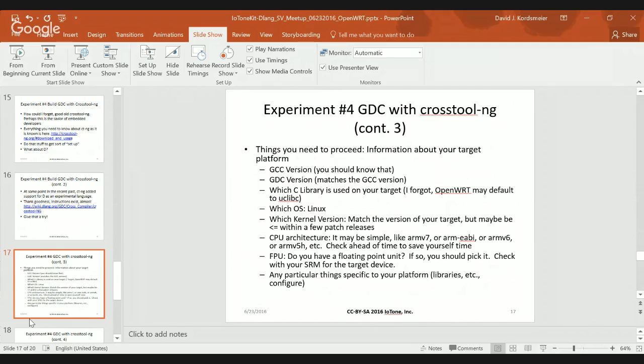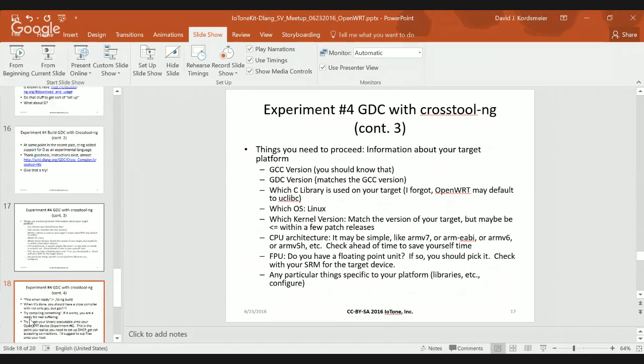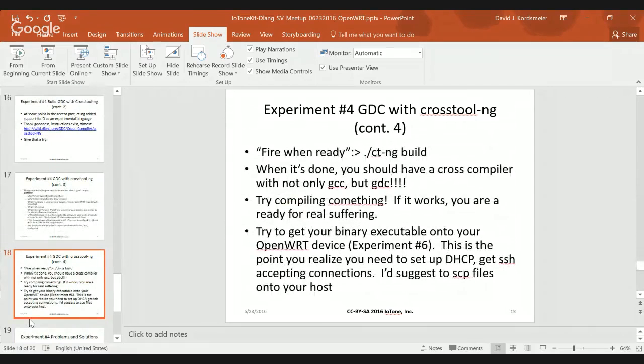And the floating point unit, again, this can be tricky to know what you've got. You may have to read a reference manual on your device to know. And there may be a few other peculiarities, but generally speaking, if it's not a completely exotic platform, the internet will have somebody who's already done it at least once. So then just do ct-ng build, and when you're done, you've got GDC, and you can start building stuff.